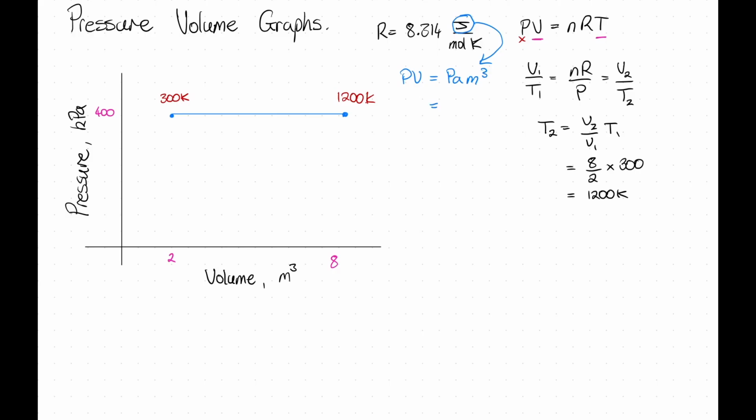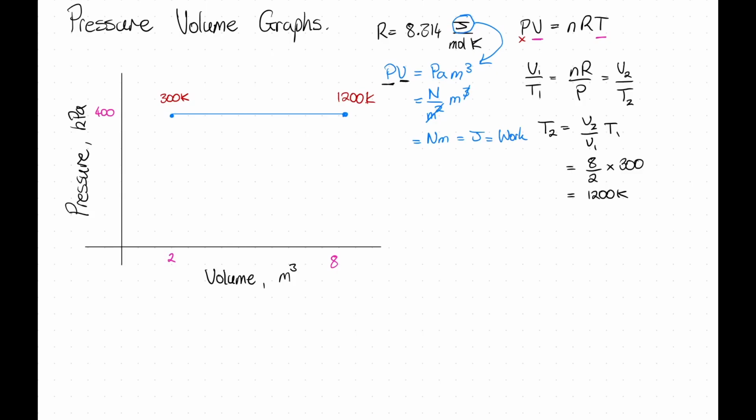Pascals is equal to newtons per meter squared, which we're multiplying this by meters cubed. So that means that our meters squared here is going to cancel out with our 3 here, and we end up with just being Newton meters, which is equal to joules, which is the amount of work being done. So that means that if we multiply pressure times by volume, we are going to end up with energy.